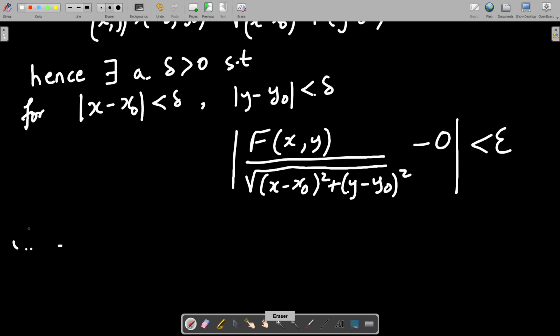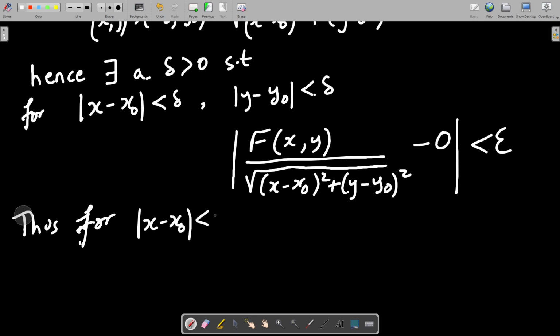So thus, for modulus of x minus x naught less than delta and modulus of y minus y naught less than delta, what do we have here?